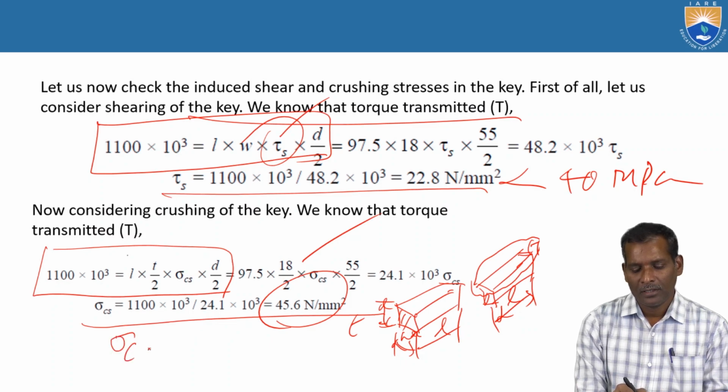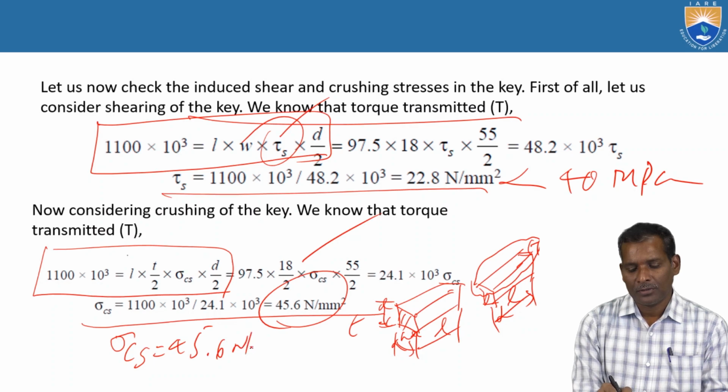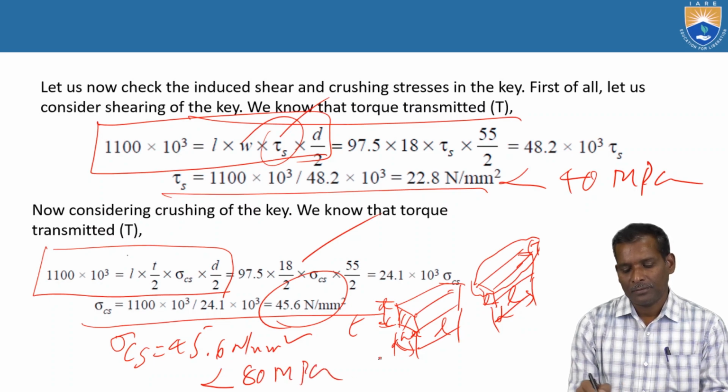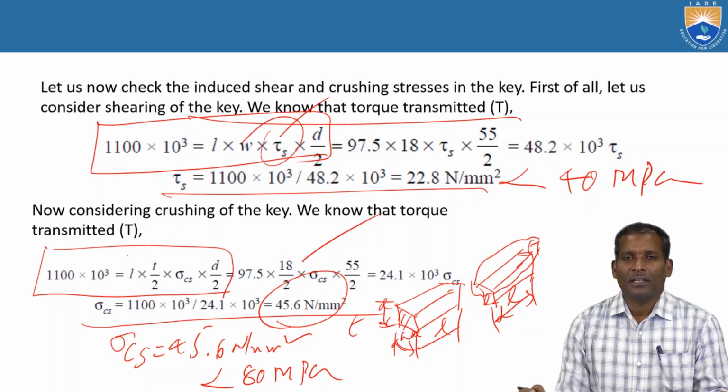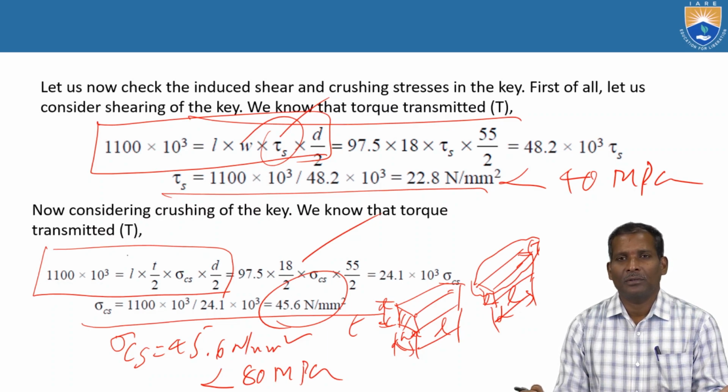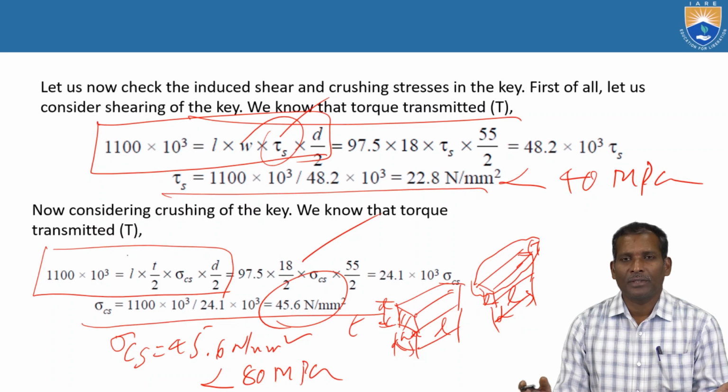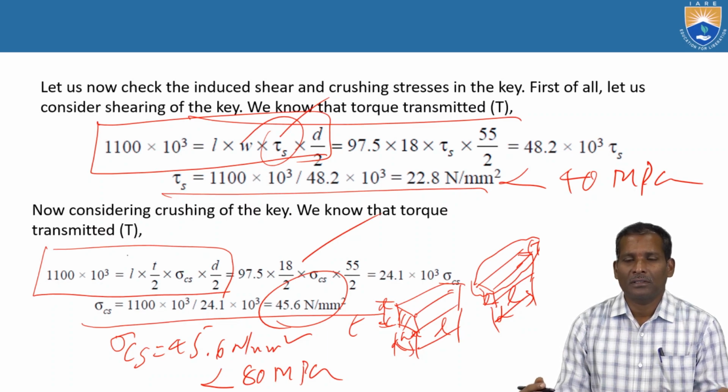So the obtained value, 45.6 Newton per mm square, is less than 80 megapascal, and you can say your design is safe. Why? Because your calculated value is less than 80. Up to 80 the key should withstand, but beyond 80 megapascal the key will fail.